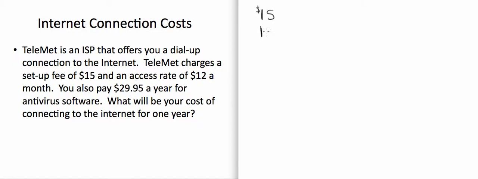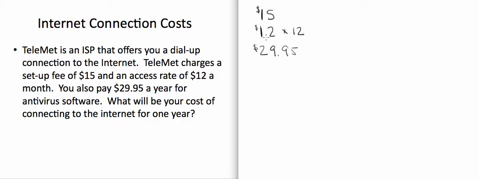So we essentially have $12 times 12 to figure out what we have to pay per year, since it is $12 per month, and then we also have the $29.95 a year for antivirus protection.